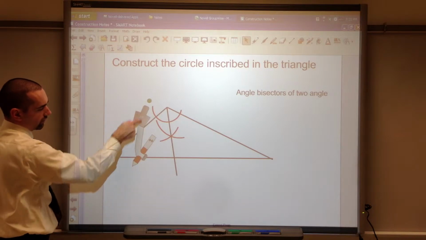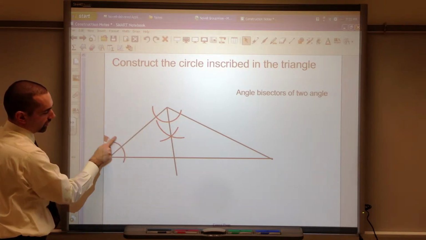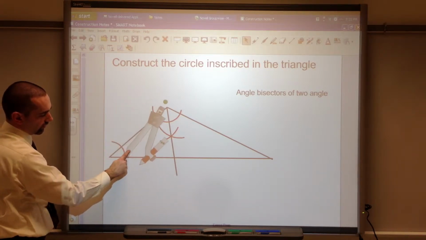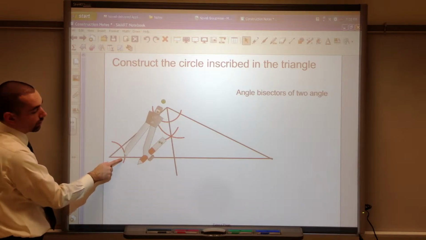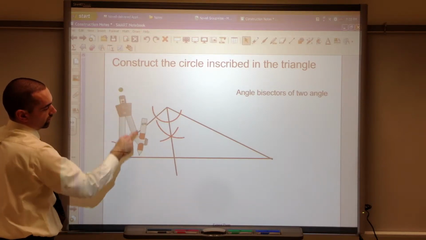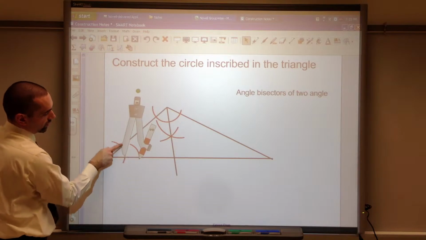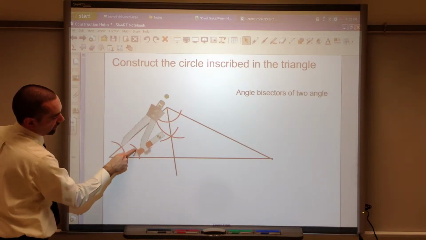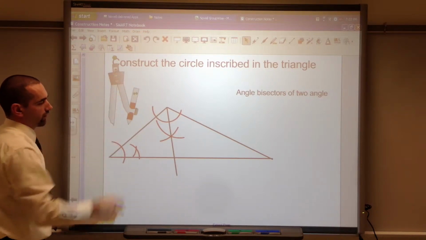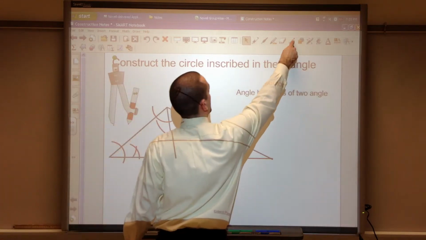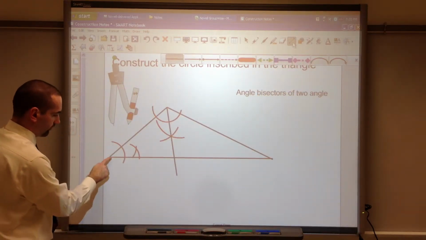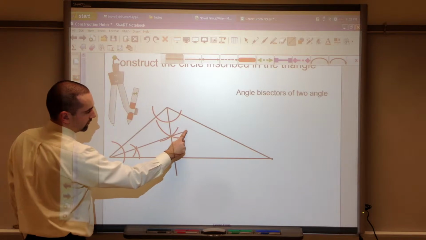Point of rotation, make an arc, see how it intercepts it twice. Point of rotation here where it intercepted, make an arc, and make an arc. And now I'm going to draw, connecting here to here.